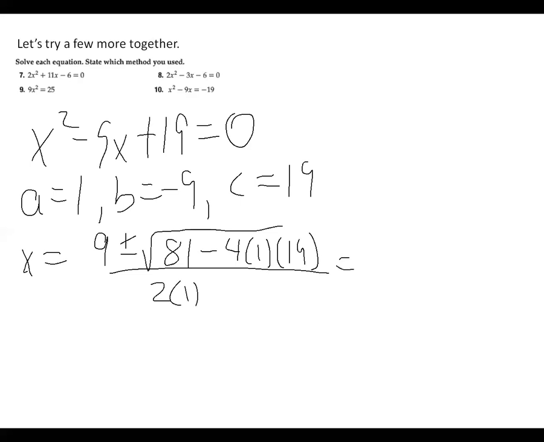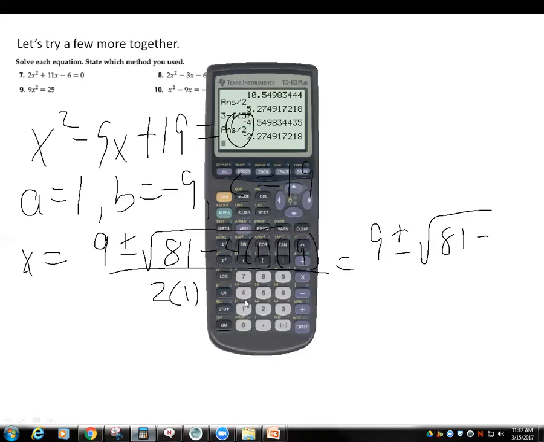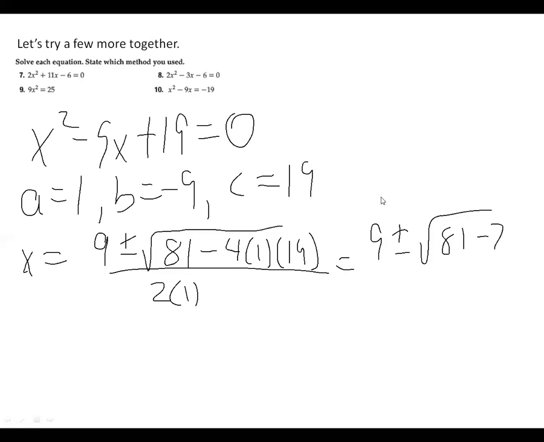So it'd be 9 plus or minus the square root of 81 minus 4 times 19, which gives you 76, all over 2.